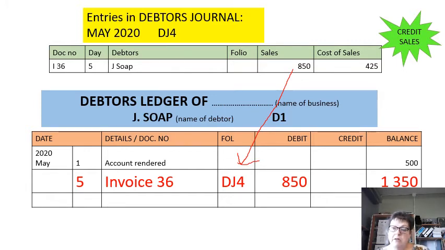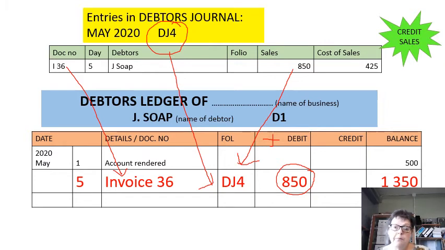In the debtors ledger account of Joe Soap on the 5th, invoice 56, there we get the information from. Where do we see this? We saw this in DJ4. So in your folio column, DJ4. Debtors journal, we sold to him, which means he owes more money. Debit column is the plus column, so you will write in the debit column.